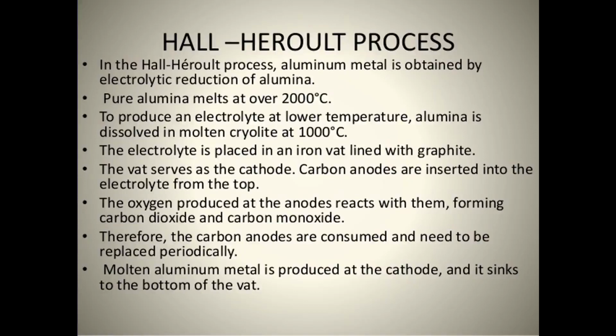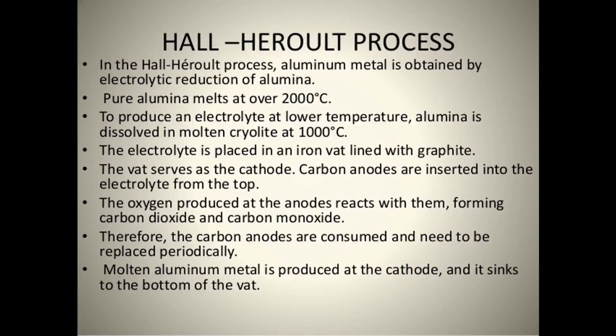So the electrolyte mixture is 20% alumina and molten cryolite, with 10% calcium chloride. Now we are immersing the carbon blocks inside, and this method is carried out in an iron tank which is lined with carbon.